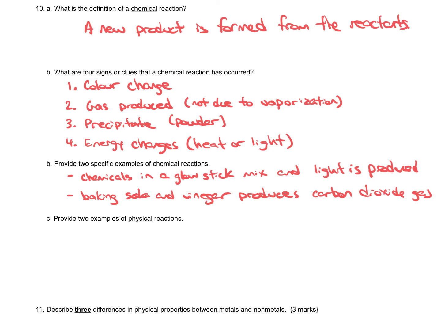I'll do a couple more maybe, just so you have some more examples as you're studying. So we did one with energy change. We did one with gas being produced. You can talk about a color change. So metal rusting would be a simple example of a color change. You can talk about a food rotting, that'll change its color.